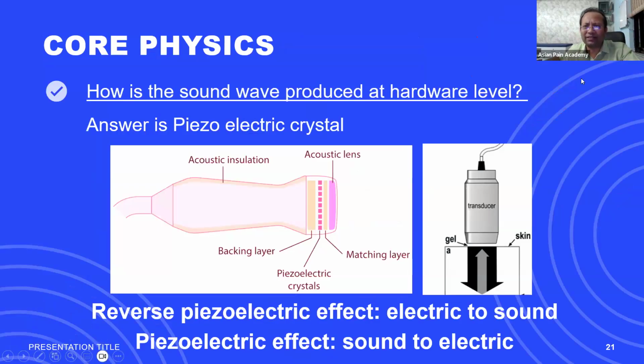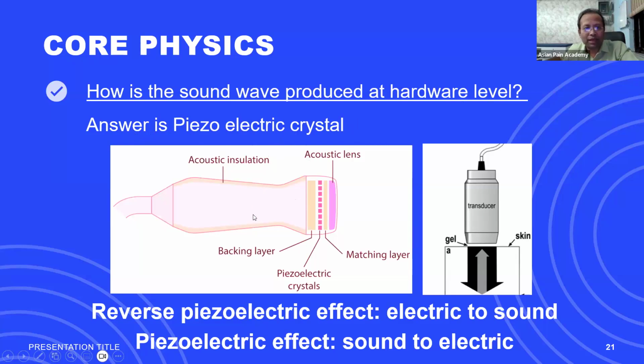Now, some core physics of ultrasound wave production by the probe. How is the sound wave produced at hardware level? The answer is the piezoelectric crystal. We are not going very deep into the physics, but mainly this piezoelectric crystal is responsible for production of sound wave.